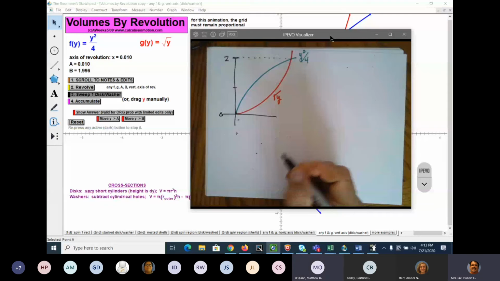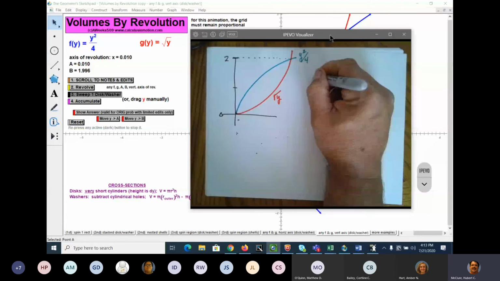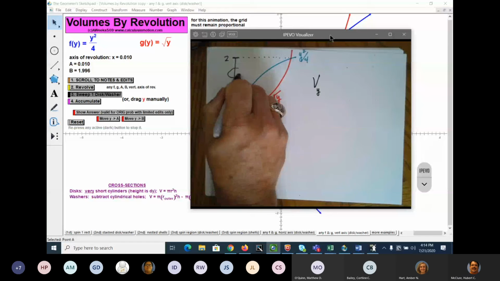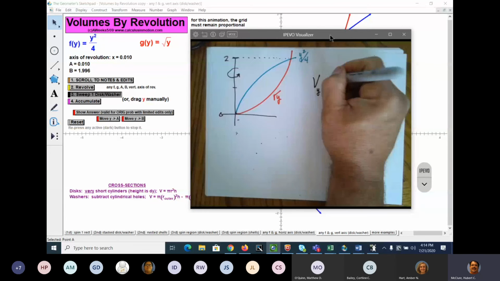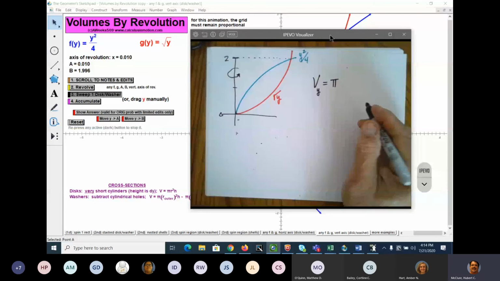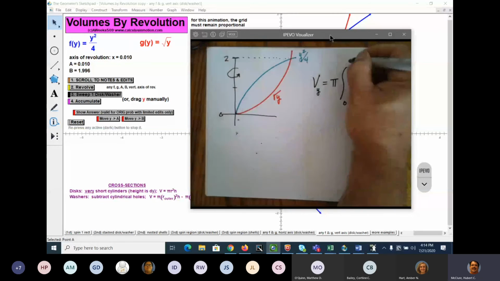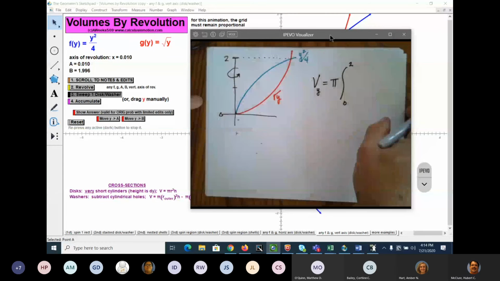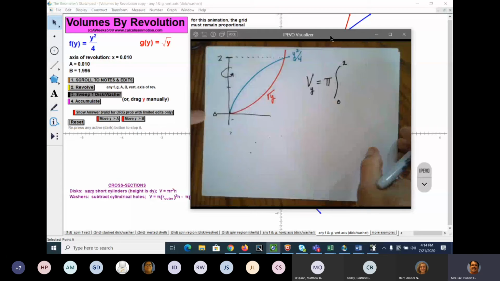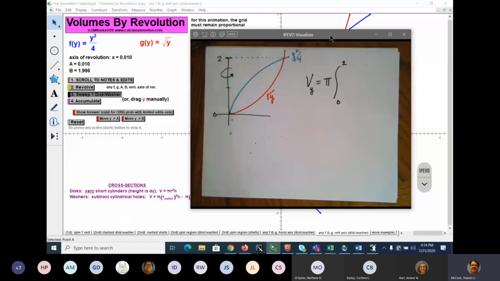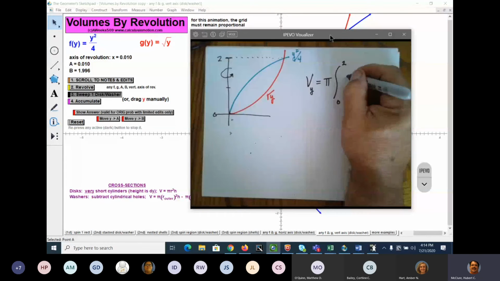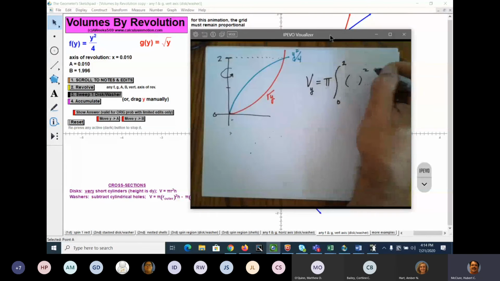So volume around the y-axis is going to be equal to pi times the antiderivative from 0 to 2. Here my x, or my y to the 1/2, the square root of y, we'll put that in parentheses squared minus parentheses squared dy.